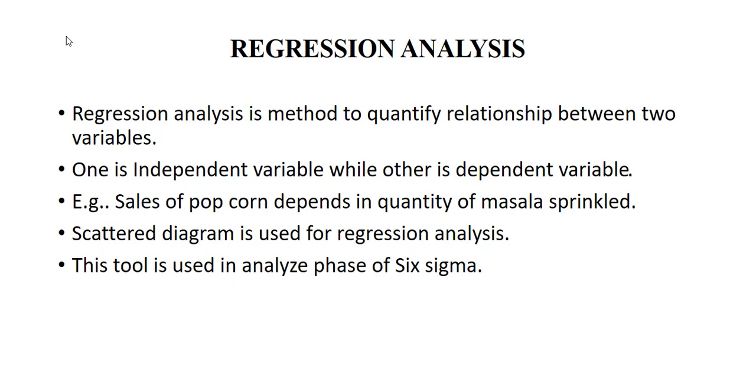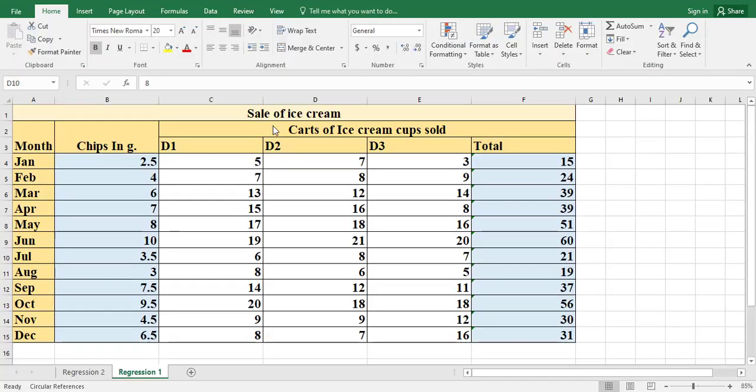Scattered diagram is used for regression analysis. This tool is used in analyze phase of Six Sigma. So let's begin with how to perform regression analysis using Microsoft Excel. We have data collected from market survey of ice cream sales. Left column shows quantity of chips in grams. It can be choco chips or butterscotch chips.